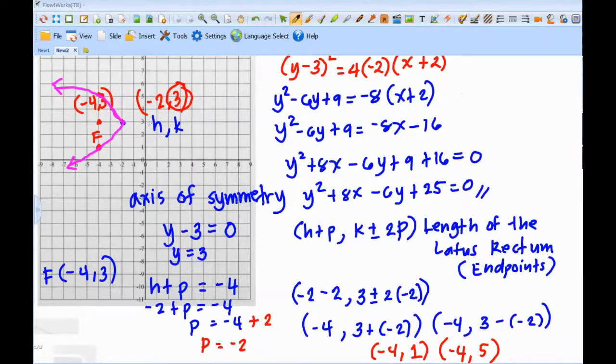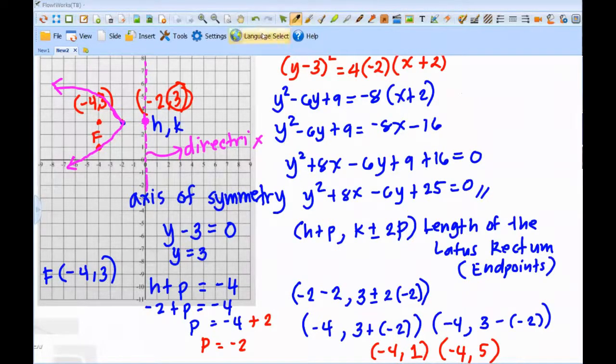So this is the axis of symmetry. Or the directrix. Directrix is same with opposite of that. Okay. So which is 0. Y is equal to 0. Okay.